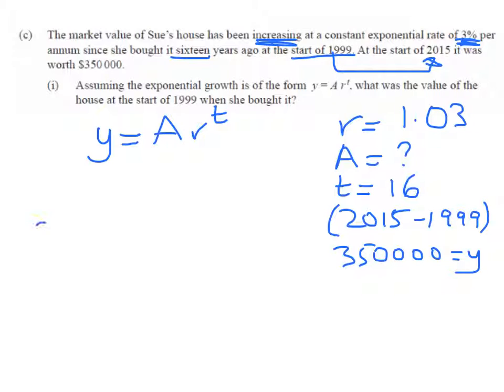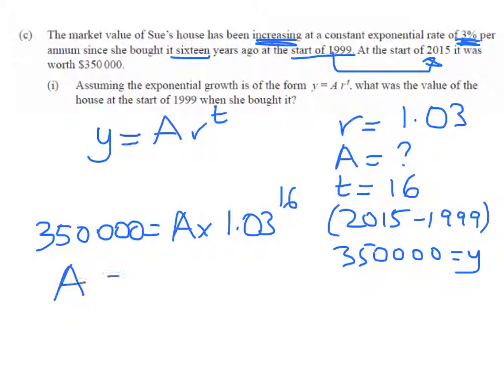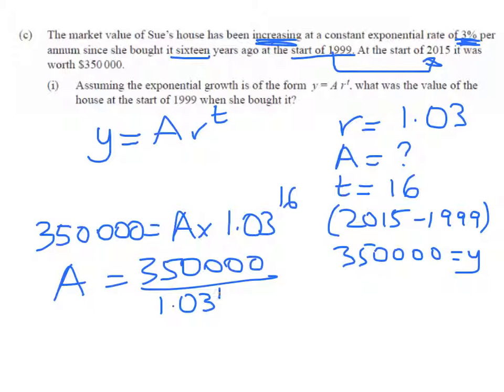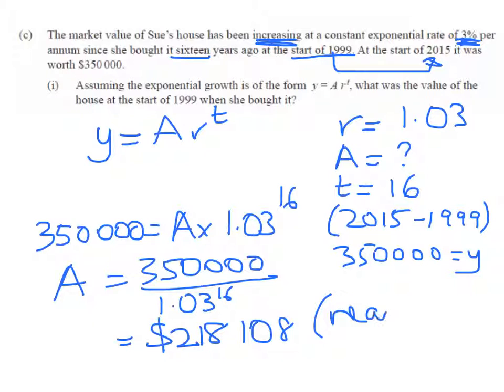Right. So we're solving this equation. 350,000 is equal to A times 1.03 to the power of 16. A is equal to 350,000 over 1.03 to the power of 16, which is equal to $218,108, and that's to the nearest dollar.